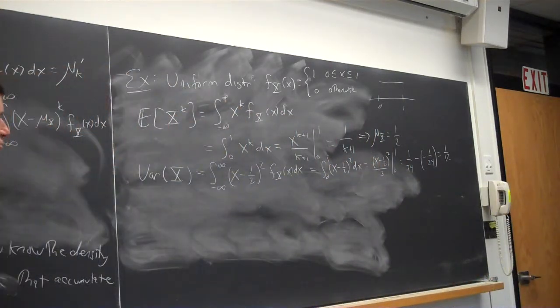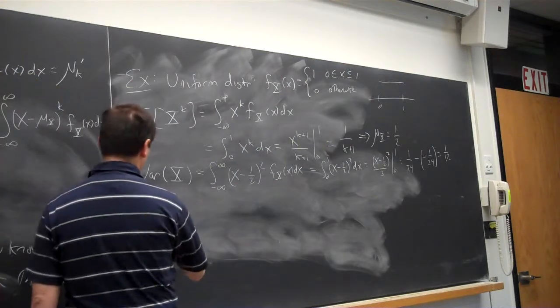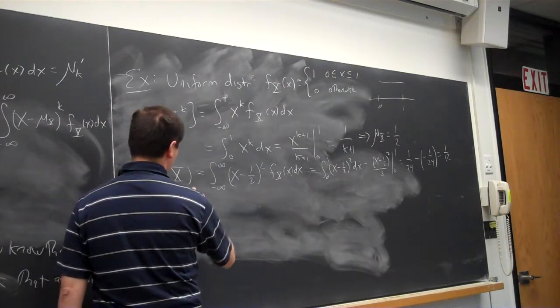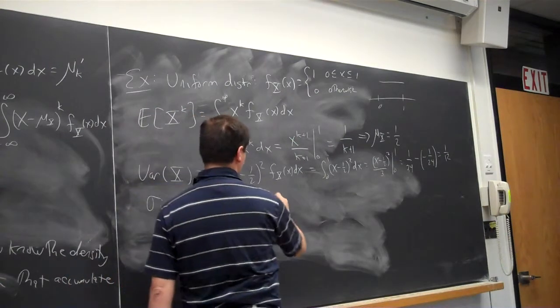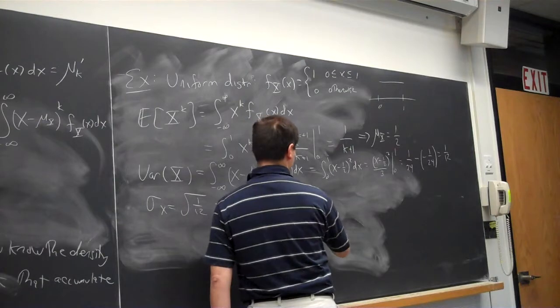So that's what the variance should be. And then the standard deviation would be the square root of that, which is 1 over 2 root 3. It's less than 1/2. So note, sigma_X is the square root of 1/12, which is 1 over 2 root 3, less than 1/2. As predicted.